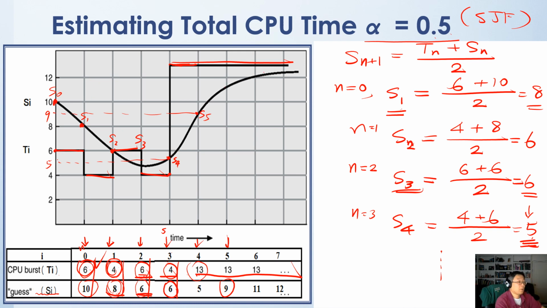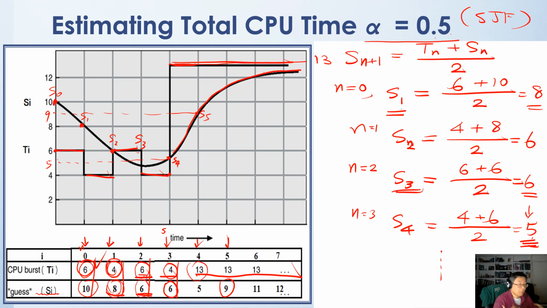So now you can see that the predicted CPU time and the actual CPU time did not match. It matches only in certain places, but it basically follows the trend, right? If the actual CPU burst stays constant at 13, eventually the predicted CPU time is going to approach 13.